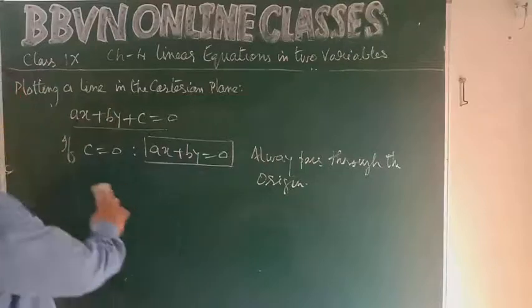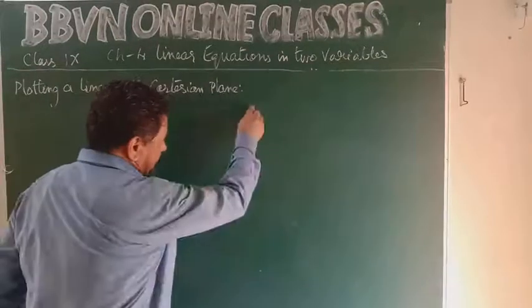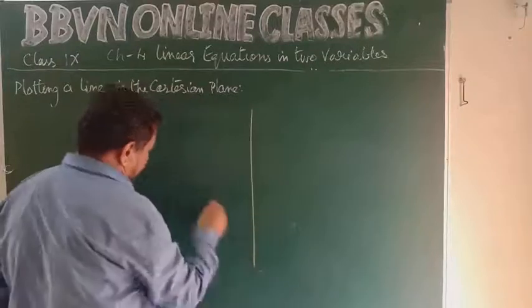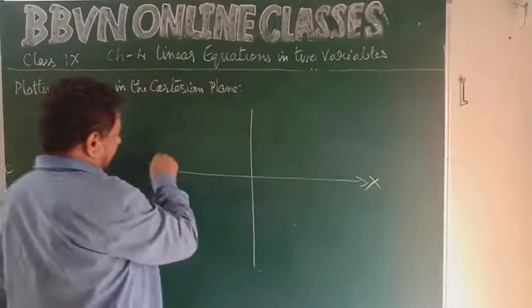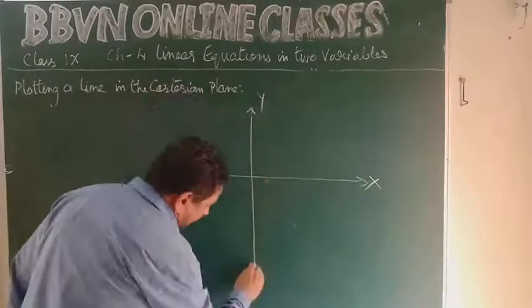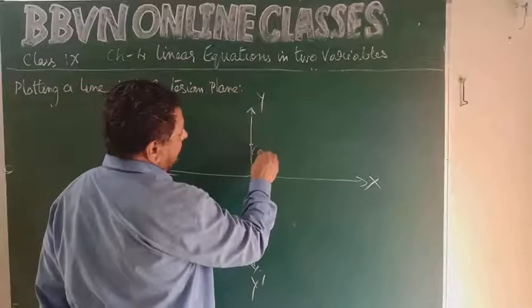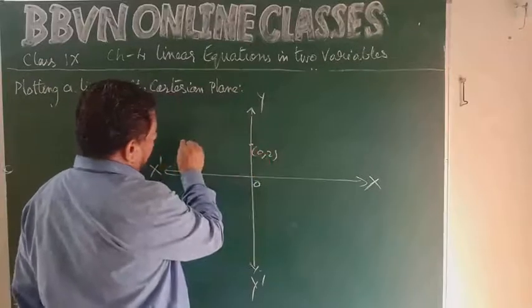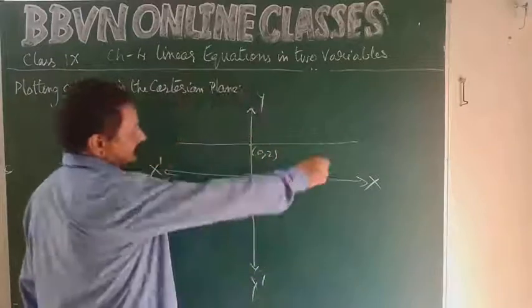Now, let us say in this Cartesian plane, x-axis, negative x-axis, y-axis, negative y-axis, origin. Suppose here I have a point 0, 2 and I have a line which is parallel to x-axis.